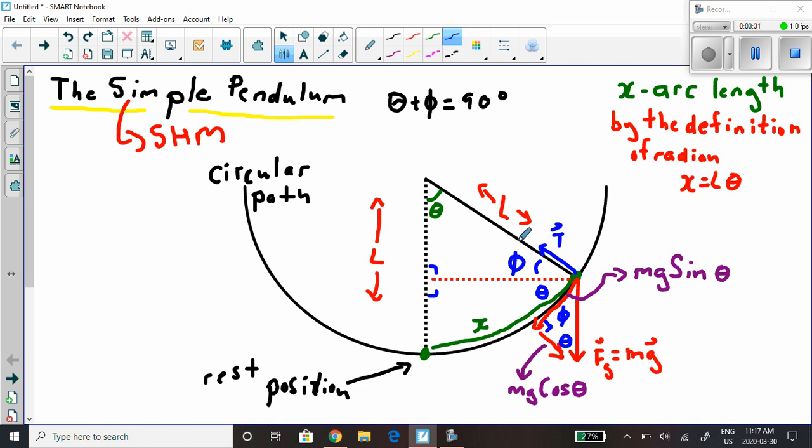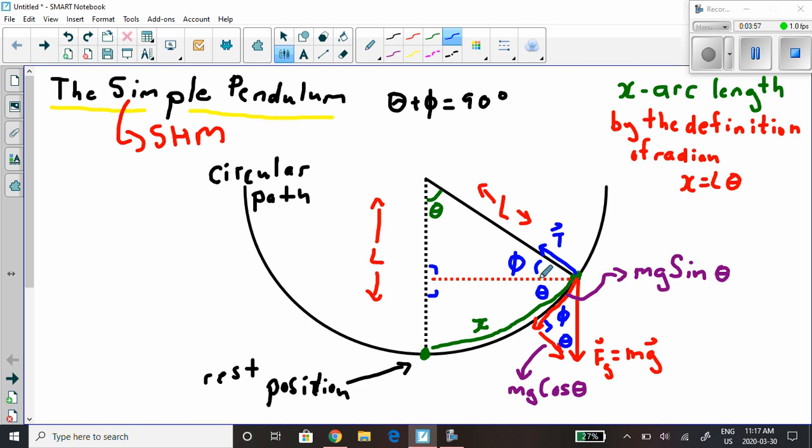I can see a line right there, it's black, and a line right here, which is red, which is one of the components of the force of gravity vector. That's 90 degrees in here. So if I've got theta and phi here, that means the complement to phi has to be theta right in here.